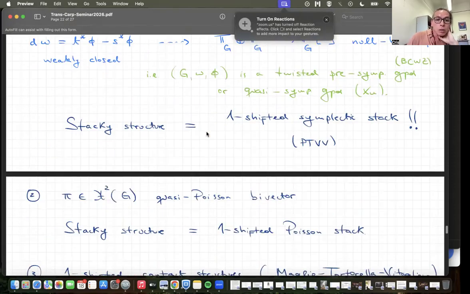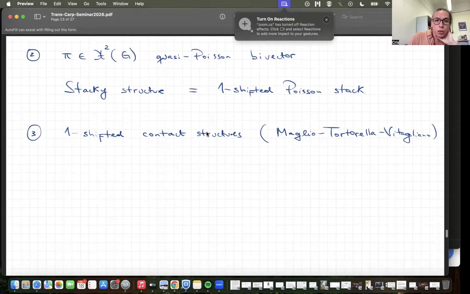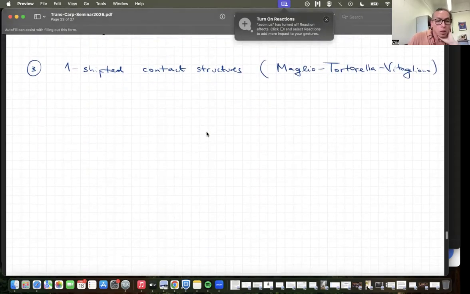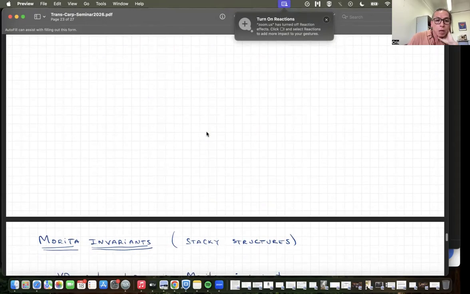Okay, so now I want to move to Morita invariants. The slogan is that if you find a Morita invariant, then you have actually found a stacky structure.